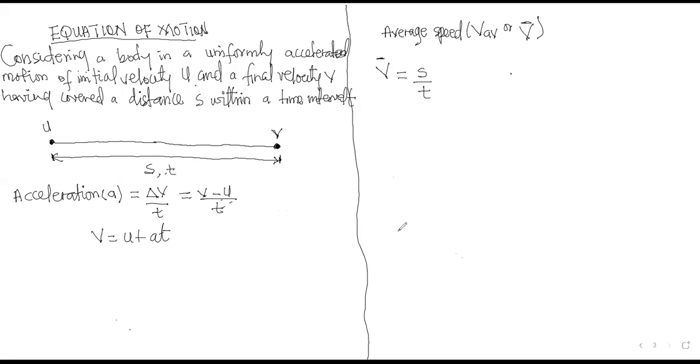The other way is that if you have a uniformly accelerated motion, a v-t graph, and the graph is a straight line, meaning the acceleration is uniform.